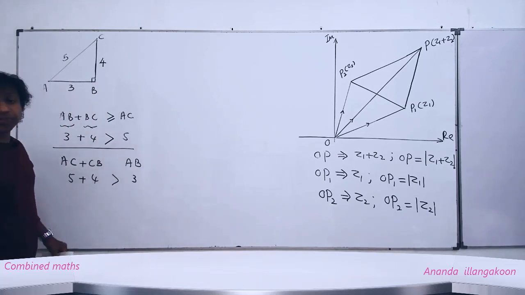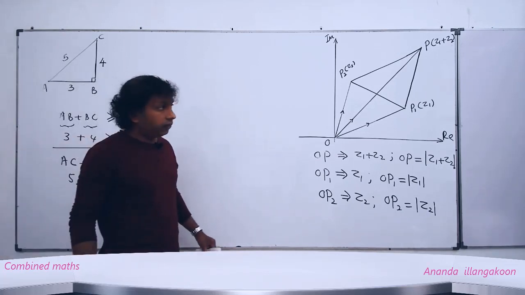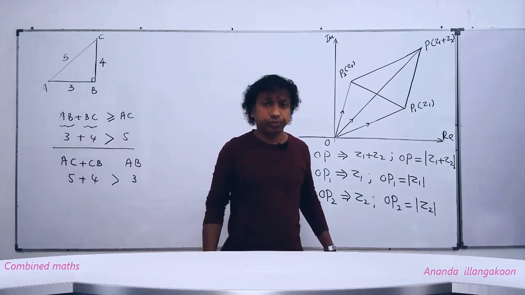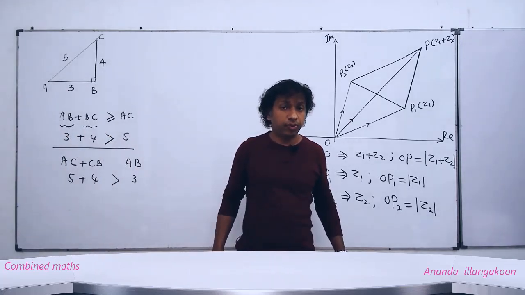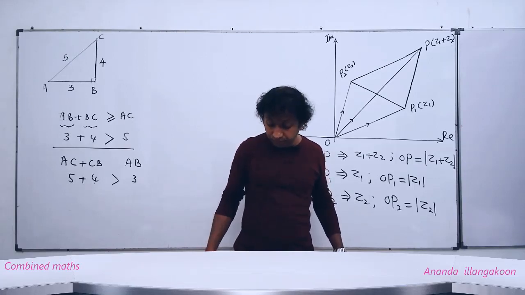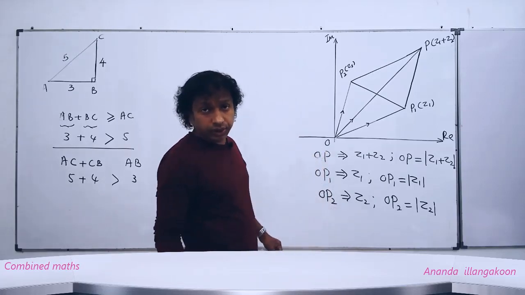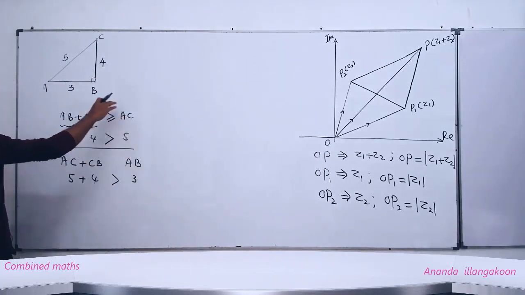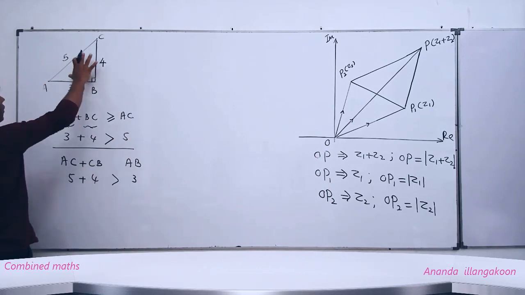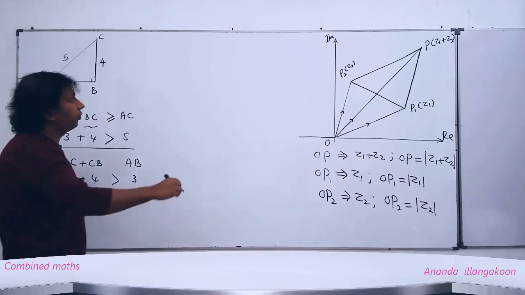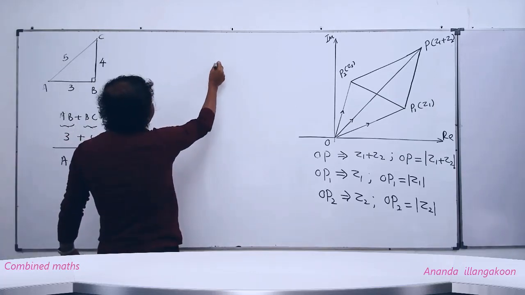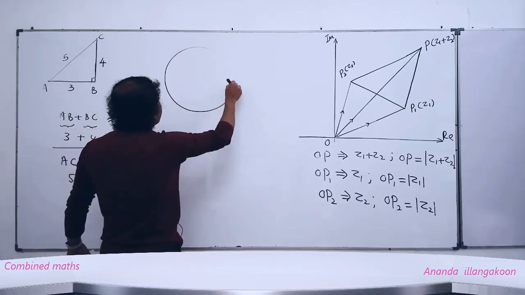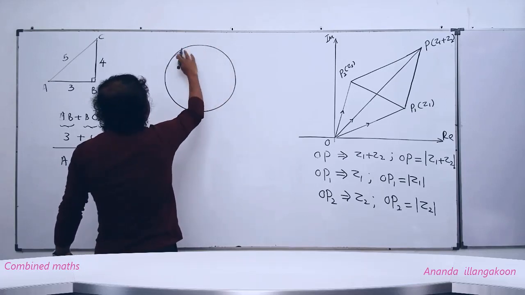So the first result we have used is, when we consider a triangle, the sum of any two sides of the triangle is greater than or equal to the third side. This equal sign becomes valid in a certain case. Now consider this triangle. Consider this situation. I take a circle this way, right?